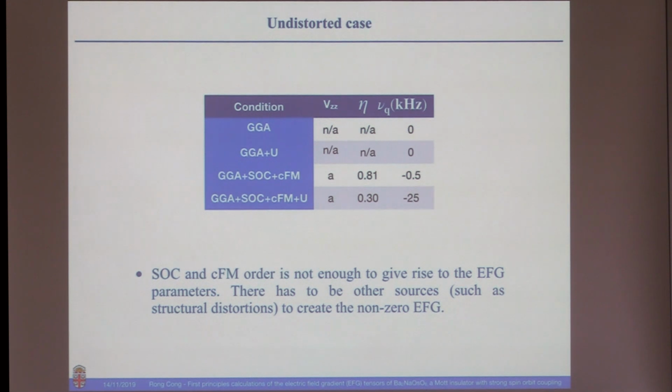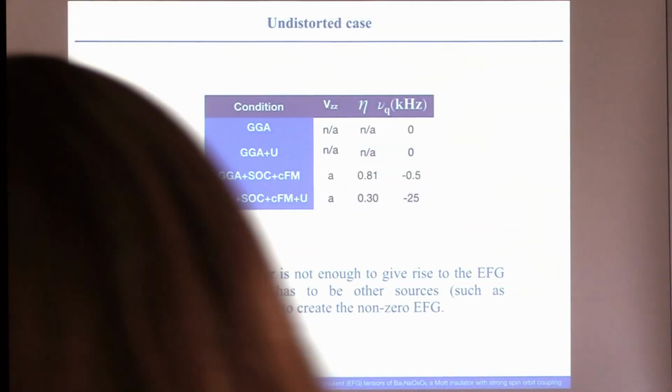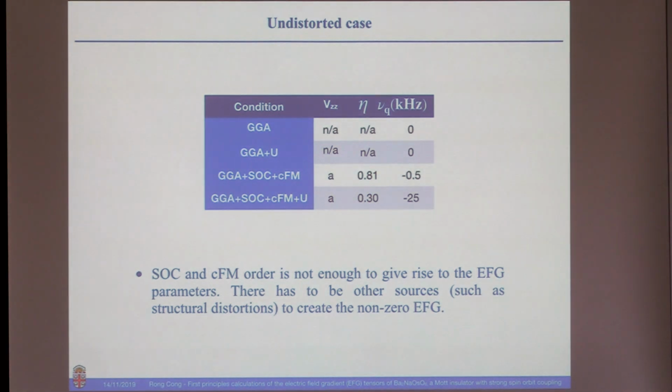With the magnetization and spin-orbit coupling, there is a non-zero electric field gradient, but the value is too small to account for what has been seen in the experiment. So apart from this charge distortion, there has to be a structural distortion that gives rise to this non-zero electric field gradient.